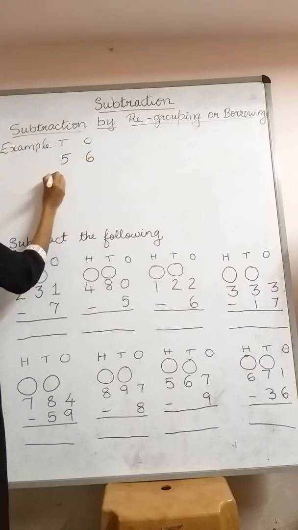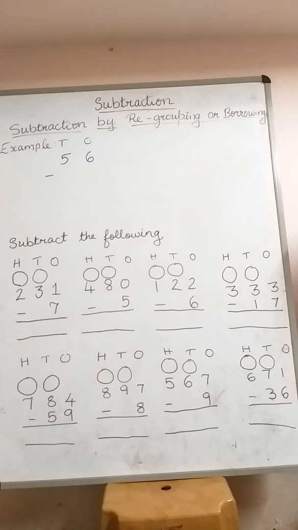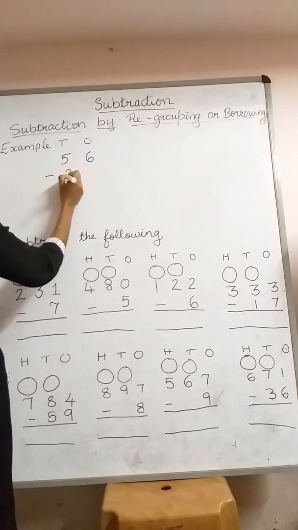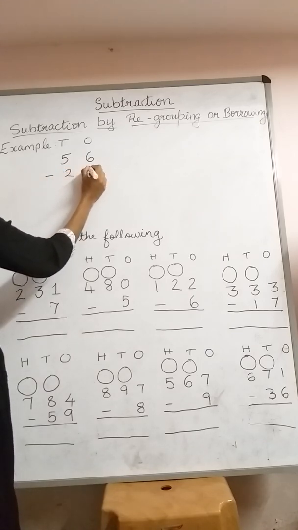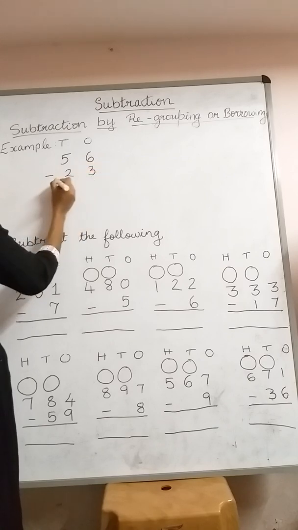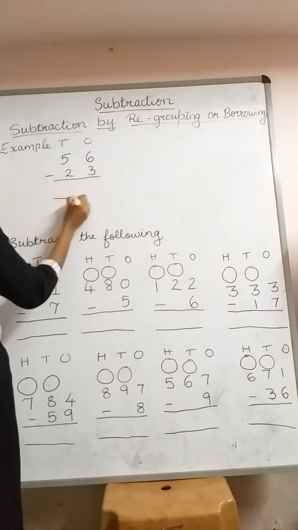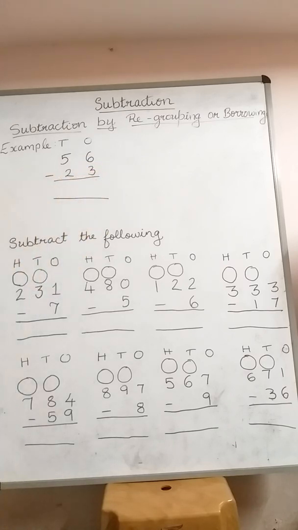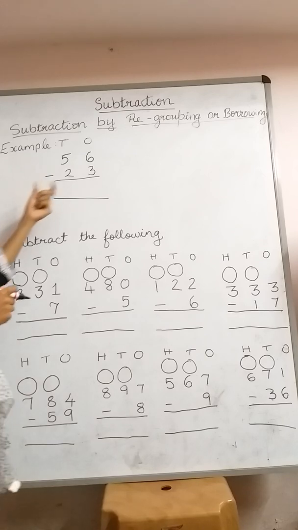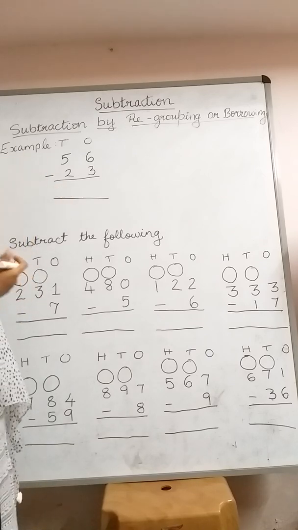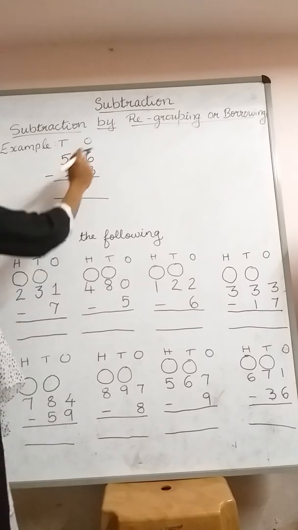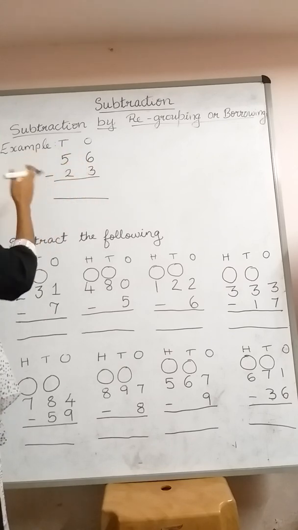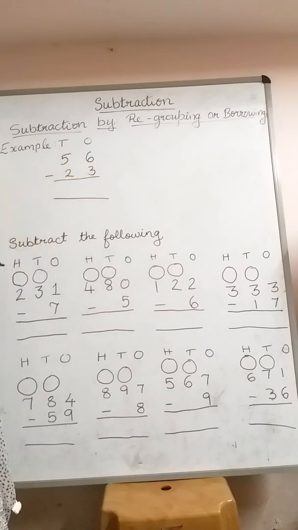So I'm going to take out the number 23. If I ask you to do this subtraction, you have already learnt it and it will be very easy to you. Because 6 minus 3 is 3, 5 minus 2 is 3.